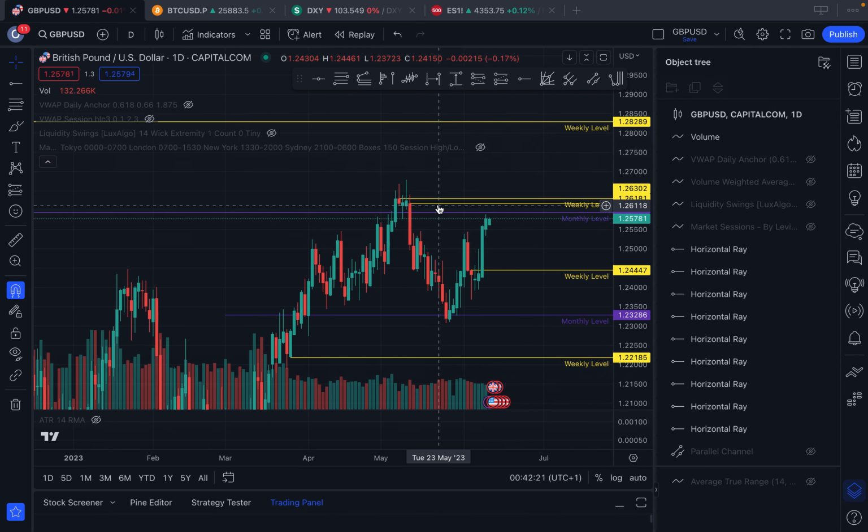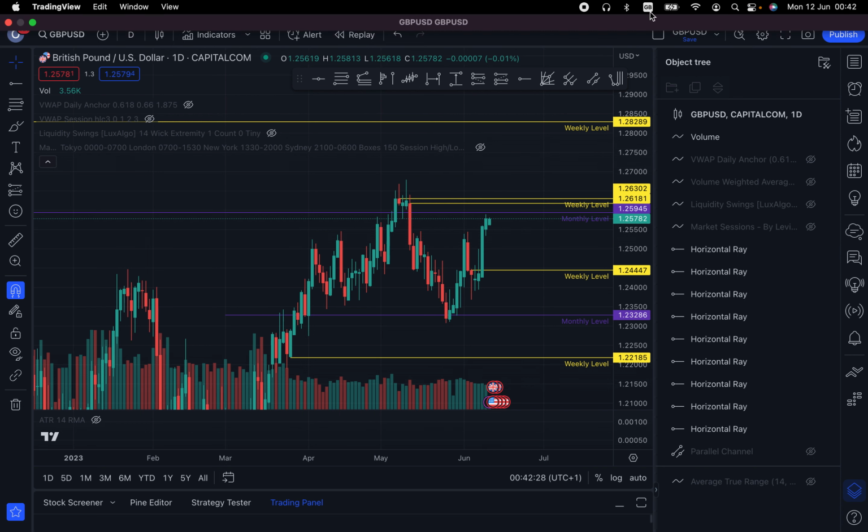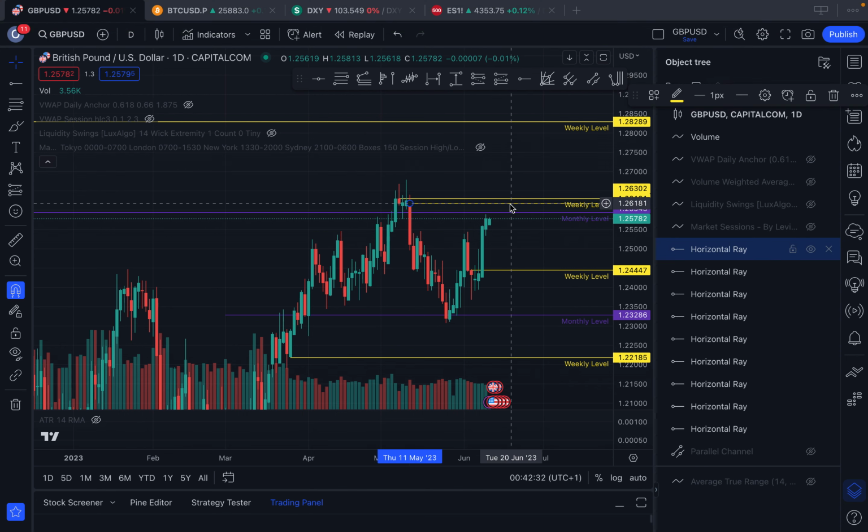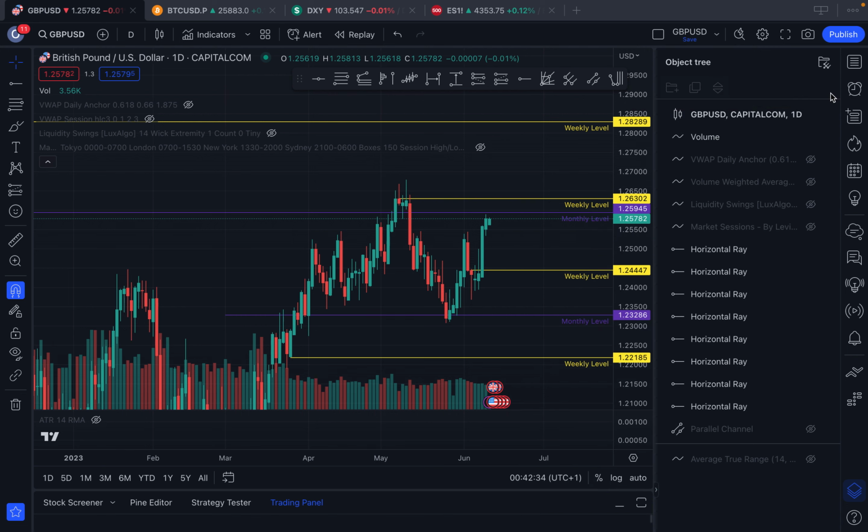To be honest, that's just so close to the weekly that I don't think there's any point putting it, so I think we'll leave it. We're literally right next to the weekly there, which we know is a stronger resistance. So I think we should leave that daily.